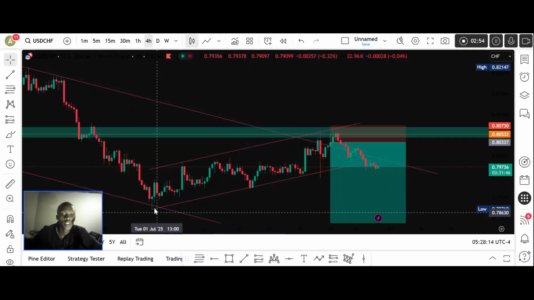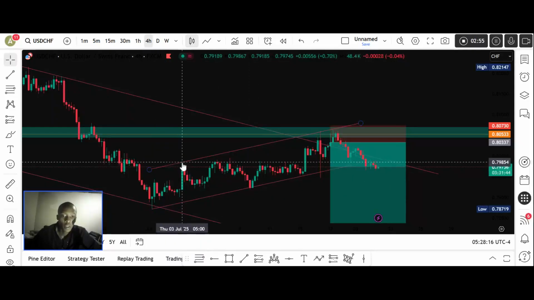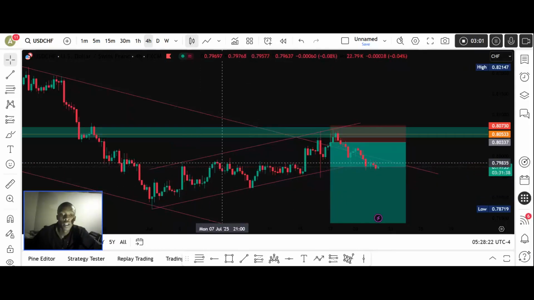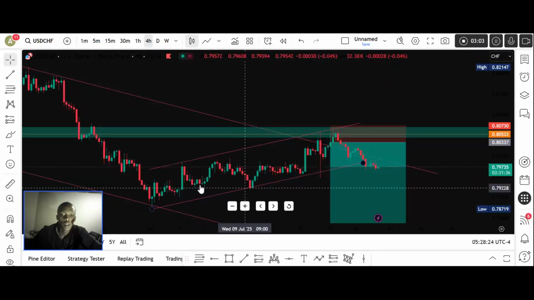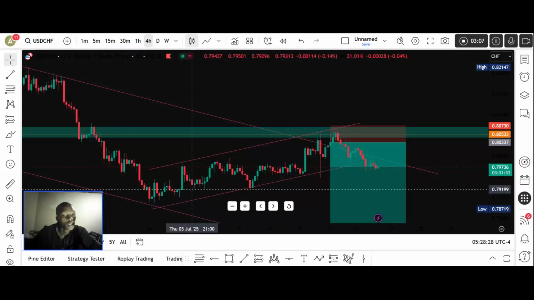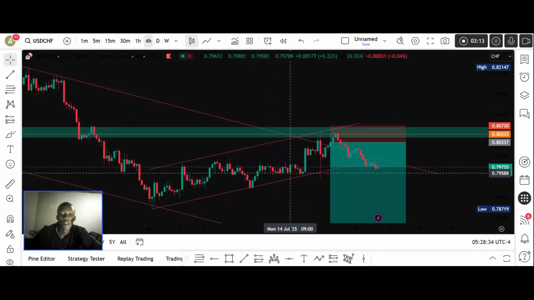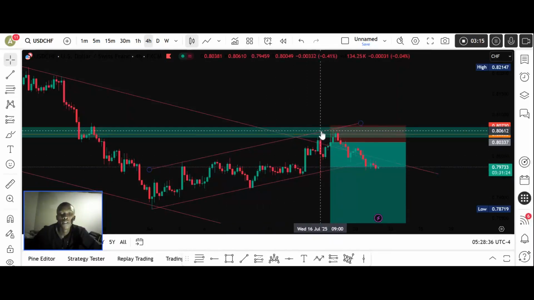It created this high, came back to trade this lower high, failed to break, then I can say it is a double bottom. It created this support level, plays around, and eventually goes to create this new higher high.